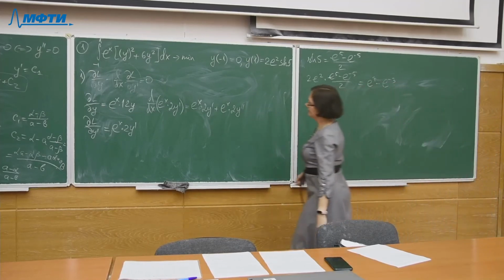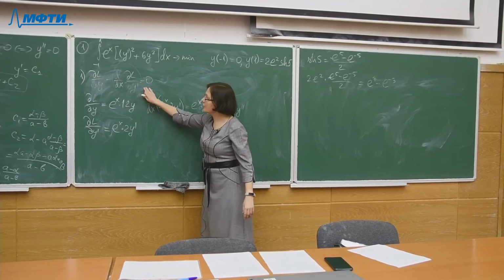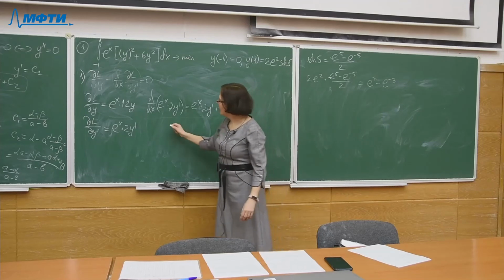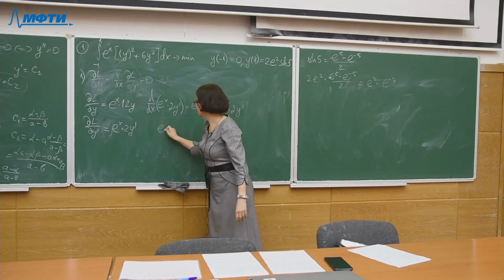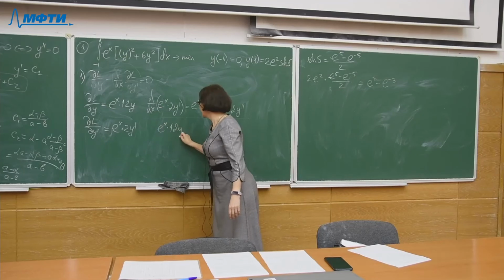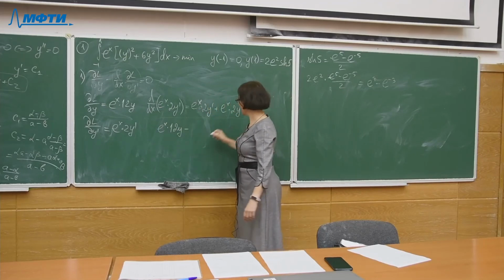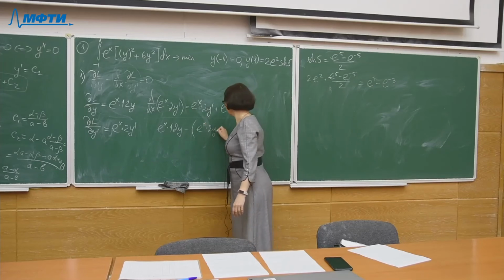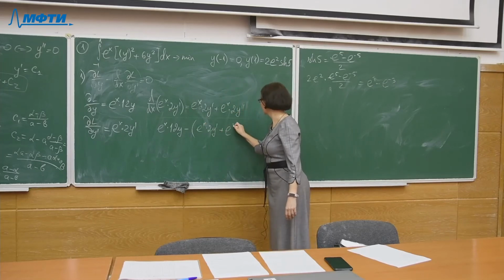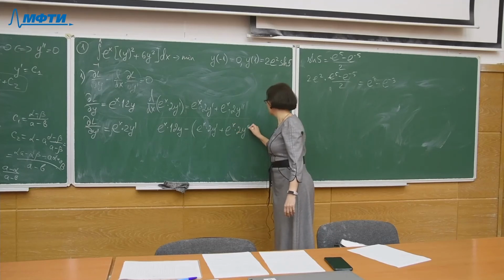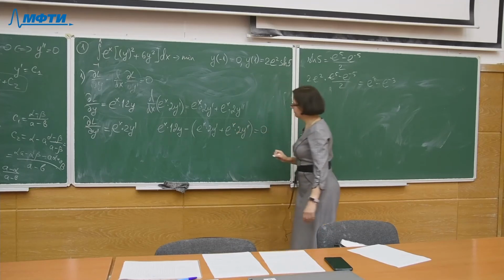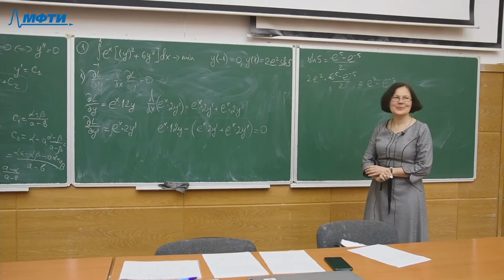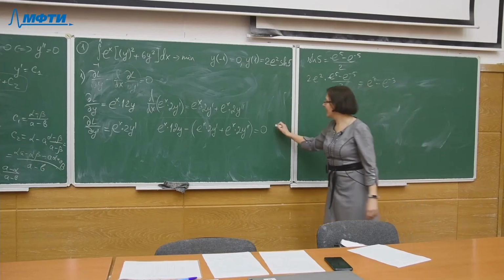Next we should construct the Lagrange equation. dL over dy will be e to x times 12y, minus this expression. Can we divide by e to x?